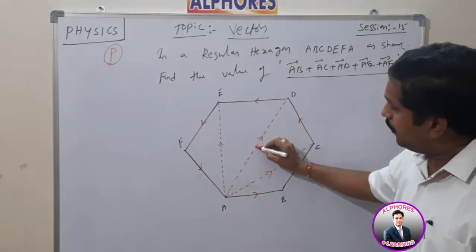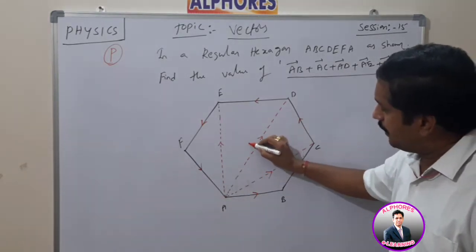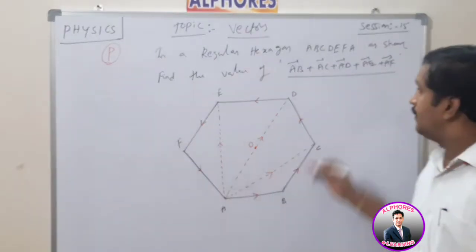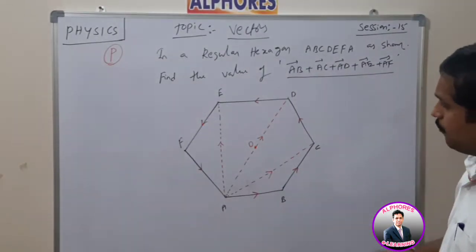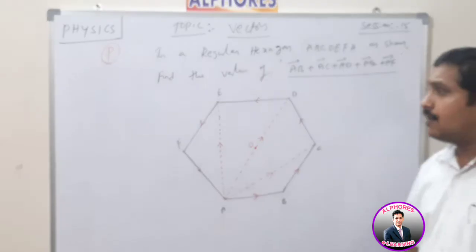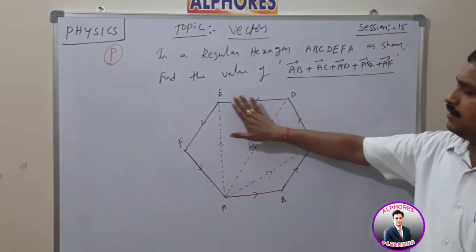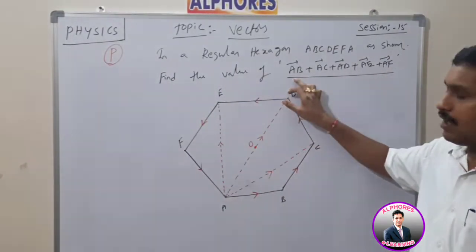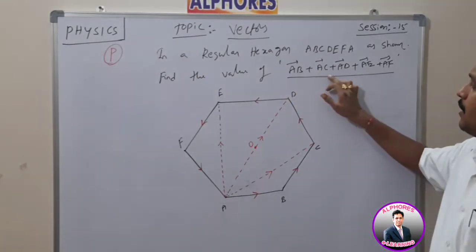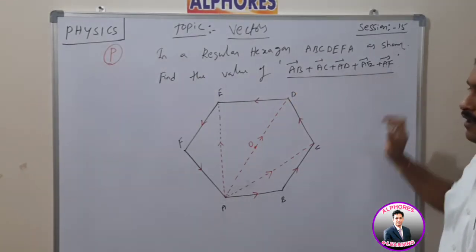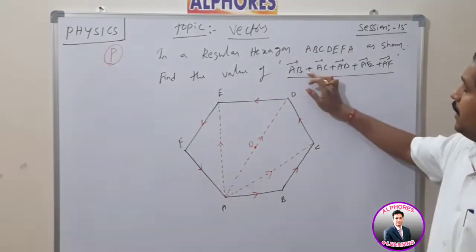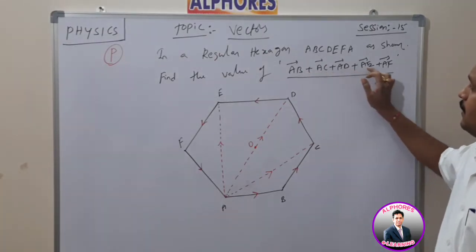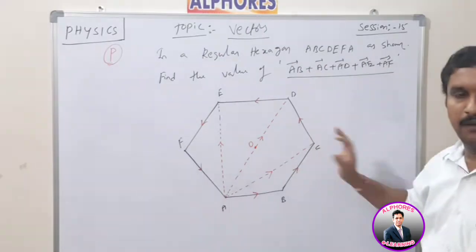Here O is the center of the hexagon. From this regular hexagon, I have to find the value of AB bar plus AC bar plus AD bar plus AE bar plus AF bar.